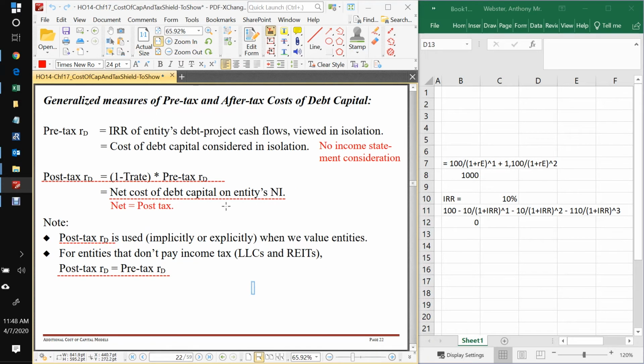And then just quickly, let me also throw in that post-tax is always going to be less than or equal to pre-tax. Maybe a better place to put that would be right up here. And you can see that because clearly of this equation. This is some number less than 1 times the pre-tax number, so it'll reduce it.